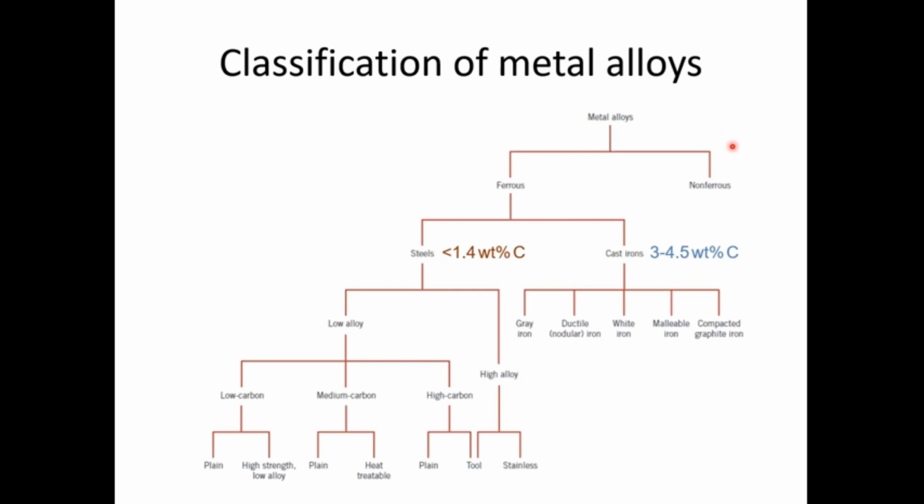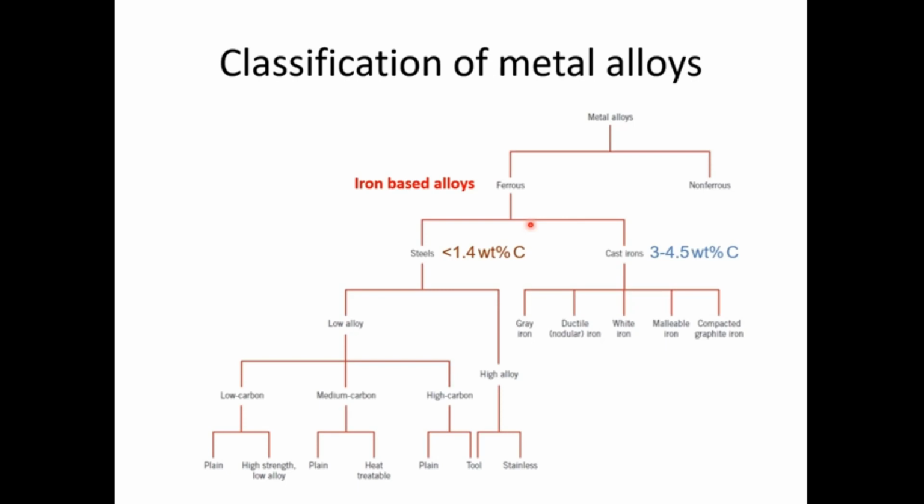This is the reason why ferrous alloys are produced in larger quantities: iron-containing compounds. Ferrous, as we know, is made up of iron as the base or main constituent.